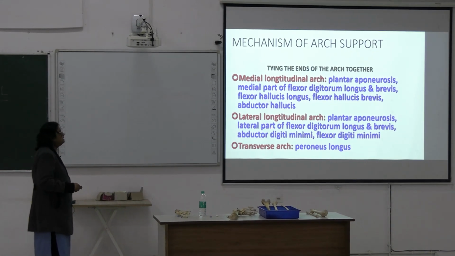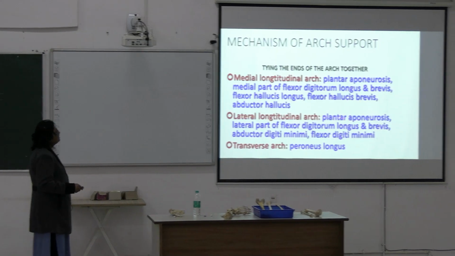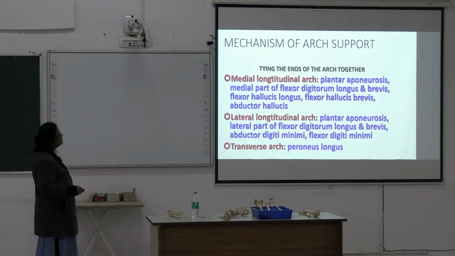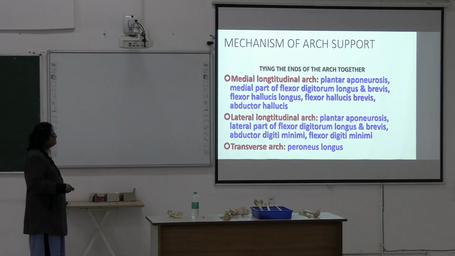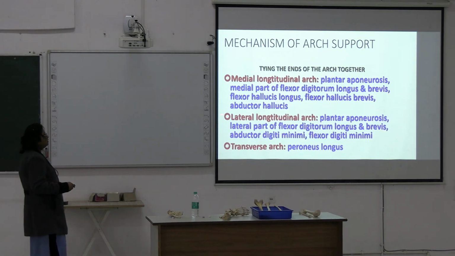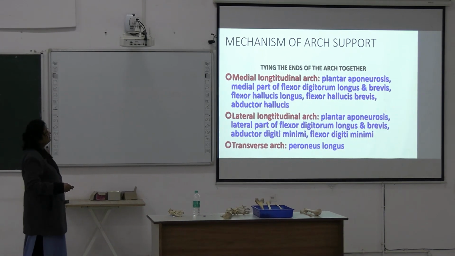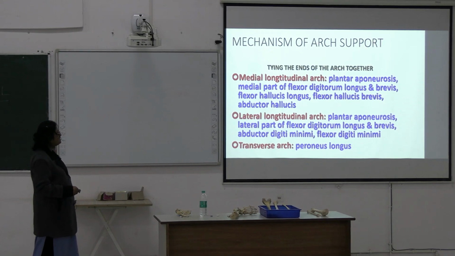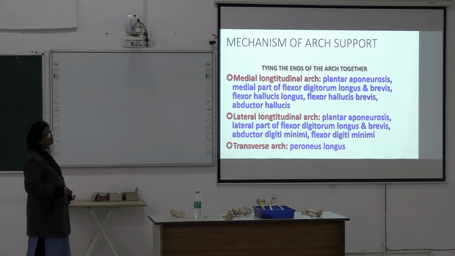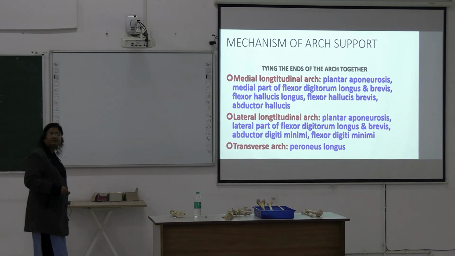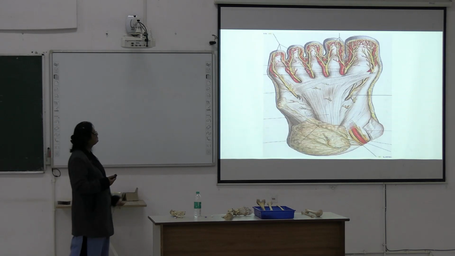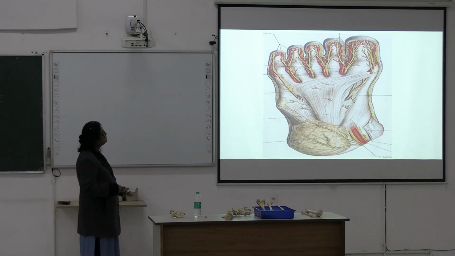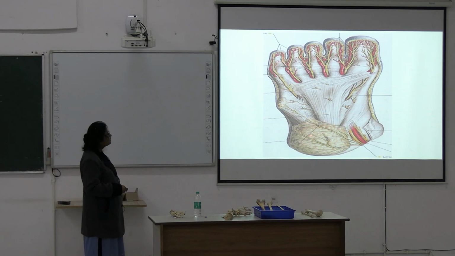And for lateral longitudinal arch, plantar aponeurosis, lateral part of flexor digitorum longus and brevis, abductor digiti minimi, flexor digiti minimi, all these are acting as a tie beam. And for transverse arch, peroneus longus acts as a tie beam. Okay, understood?